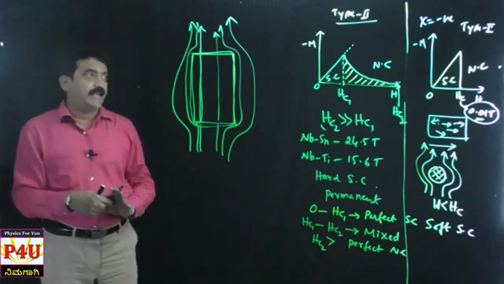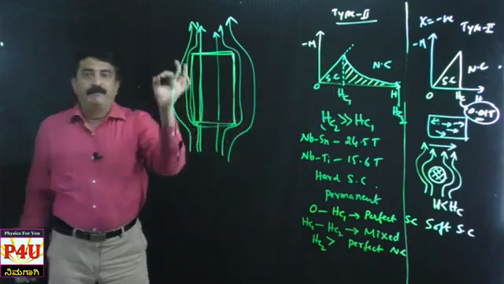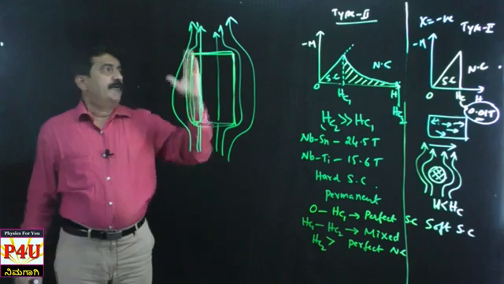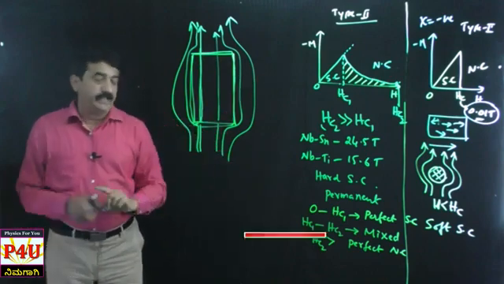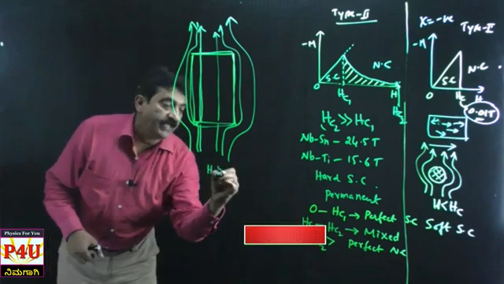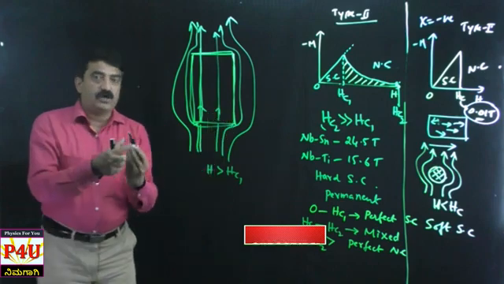So therefore we can say type 1 superconductors exhibit the perfect Meissner effect, whereas in type 2 there is no perfect Meissner effect. When the field is greater than Hc1, these magnetic lines slowly start entering.